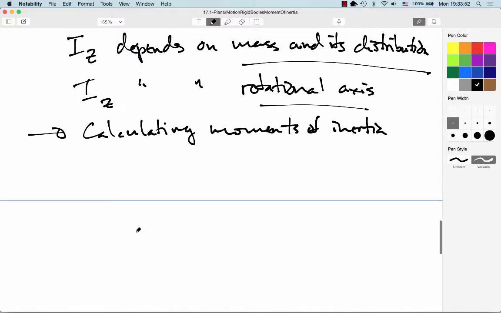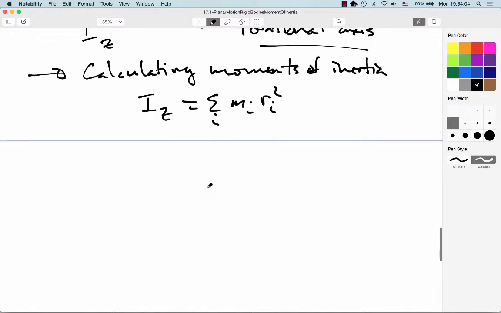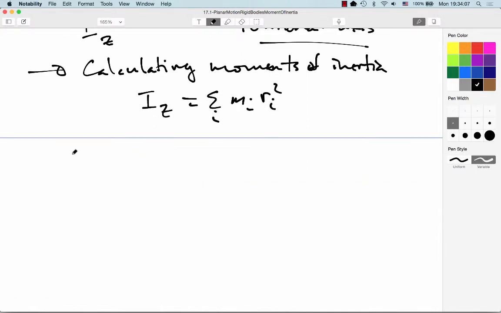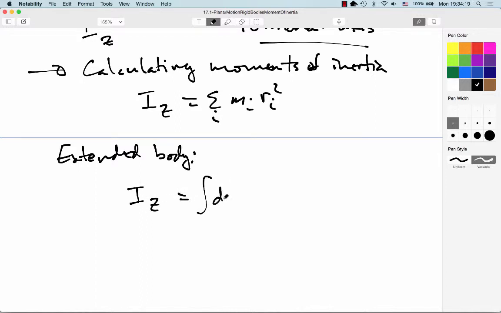Okay, so we remember from before that if it's point particles, we just say the sum over i of m_i r_i squared. So taking the same playbook that we had before, if it's an extended body, we can do the same approximation and say Iz is equal to the integral of dm r squared. And it's the same prescriptions for dm that we did before.